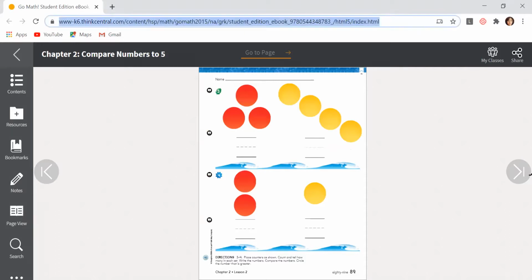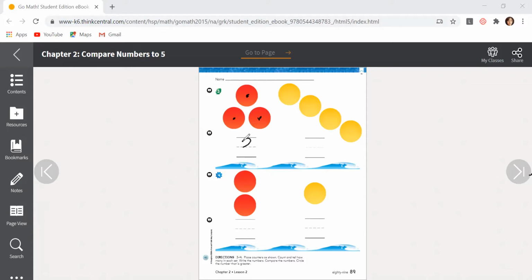Now for this, we're going to do the same thing. We're going to count first. We're going to write the number, how many in each set, and then we're going to use our strategy of pairing them up to see which one is greater, okay? Let me do this, 1, 2, 3.